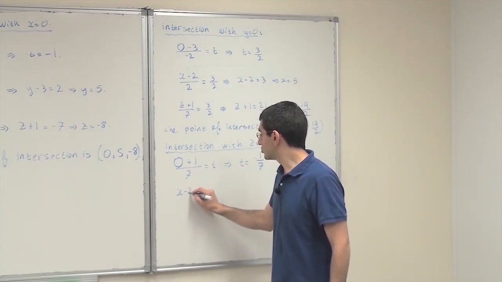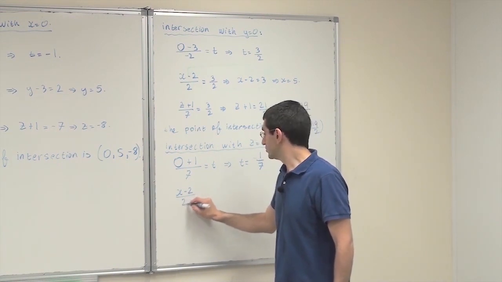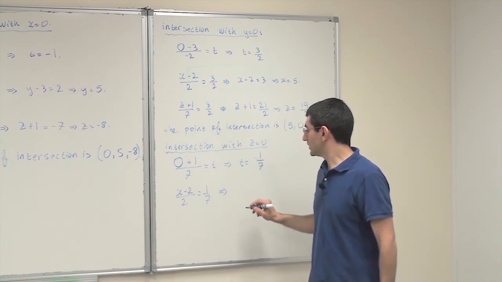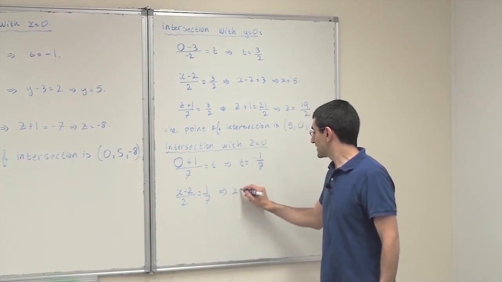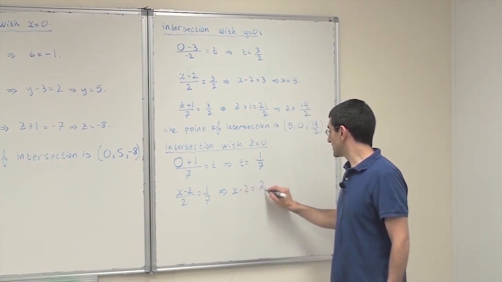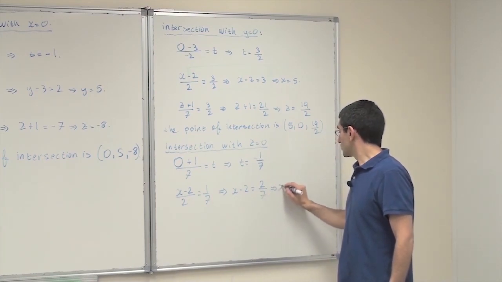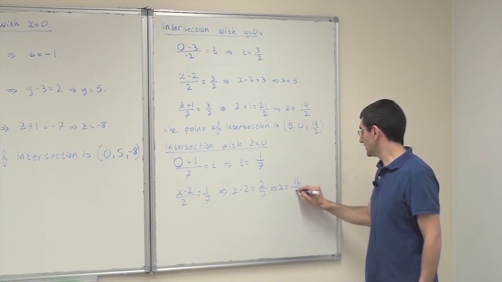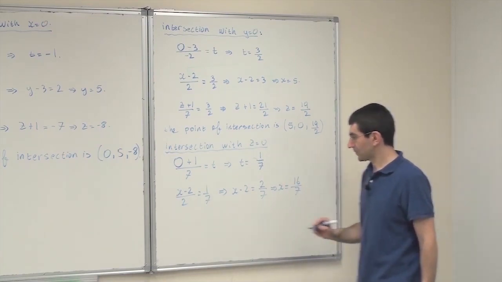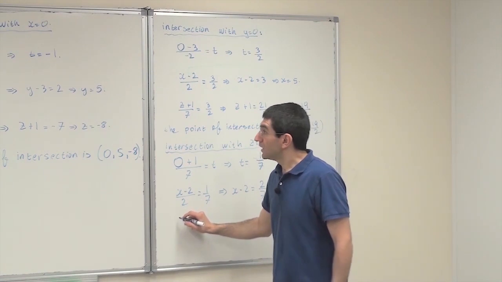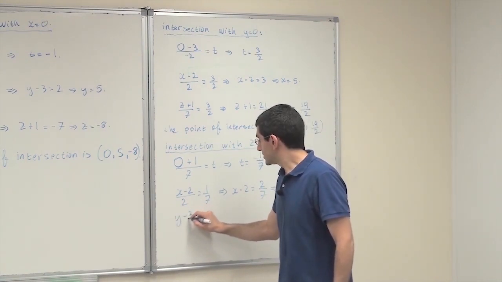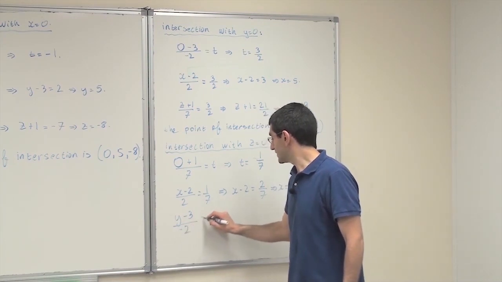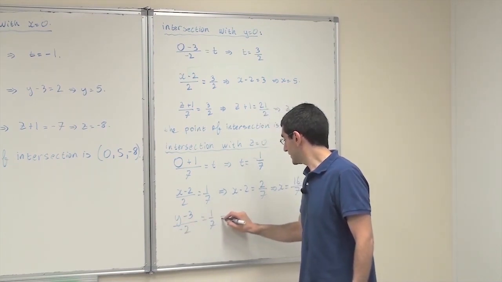Now I substitute this in the other equations. So (x minus 2) over 2 is equal to 1 over 7. And from this, we have x minus 2 is equal to 2 over 7. So x is equal to 16 over 7. And next equation, (y minus 3) over negative 2 is equal to 1 over 7.